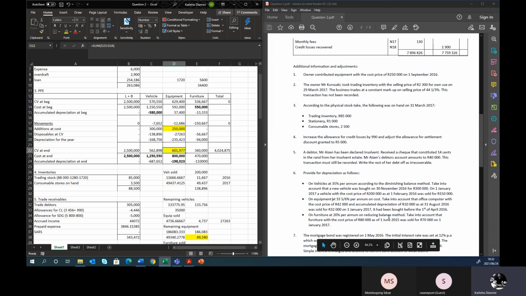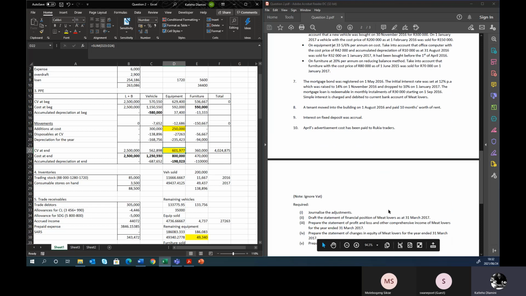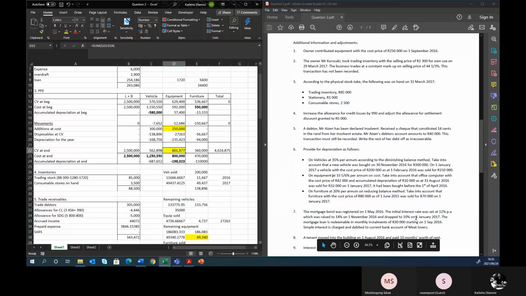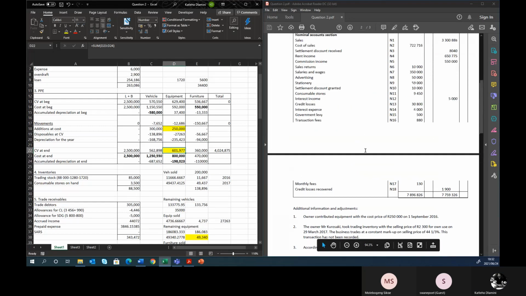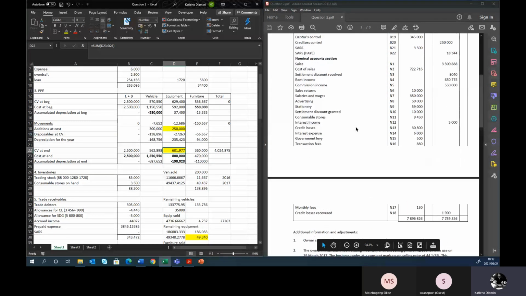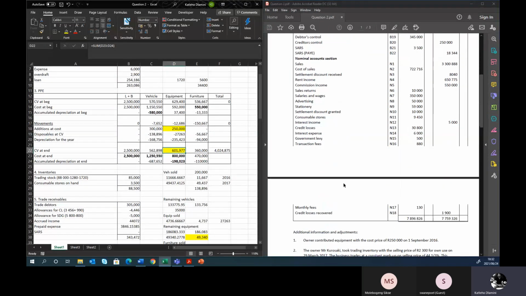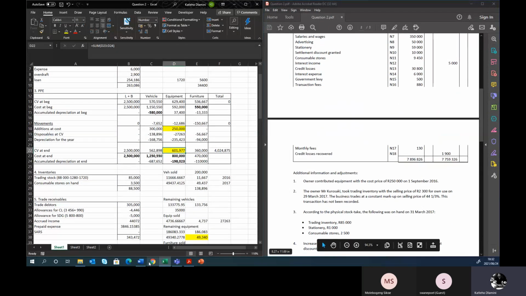Okay, let me see. So we bought it at the beginning of this year. Yeah, we bought it at the beginning of this year. Okay. So we bought at the beginning of this year. Where's my Word document?